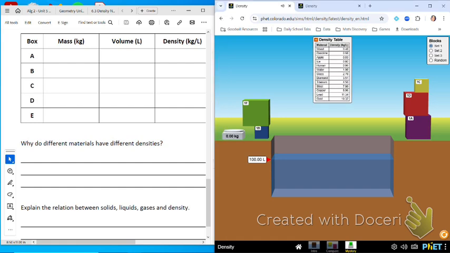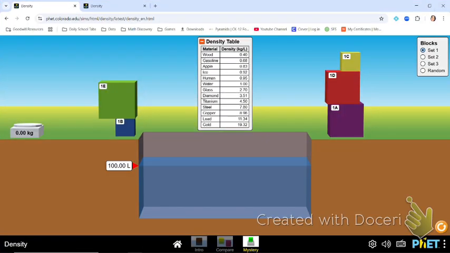Okay, so here's what these could be. For the material line, C, I can already tell you, is gold. It's 19.32.